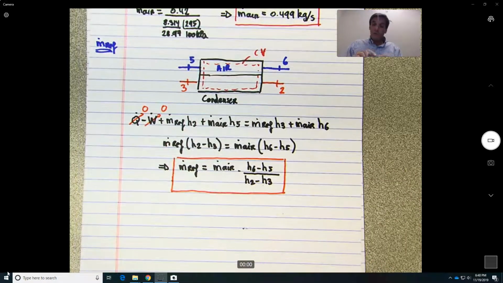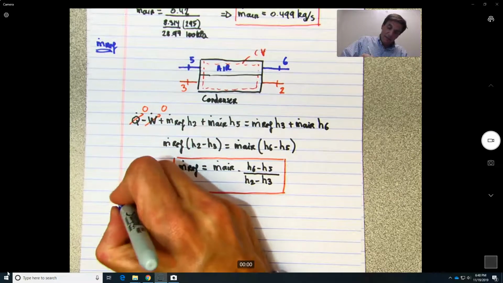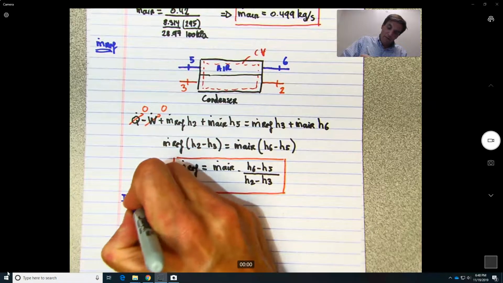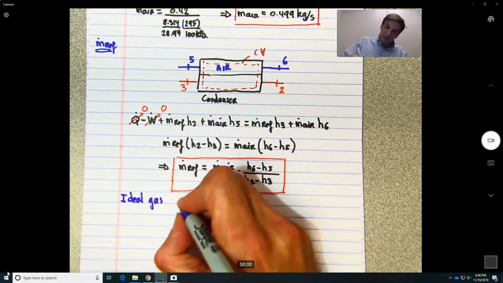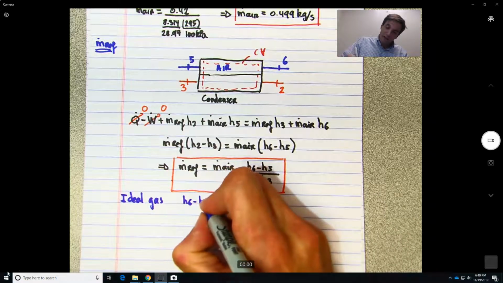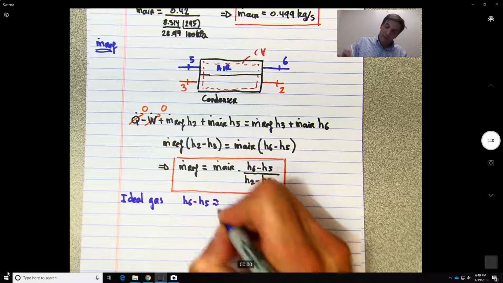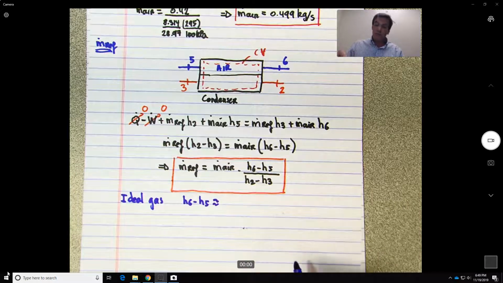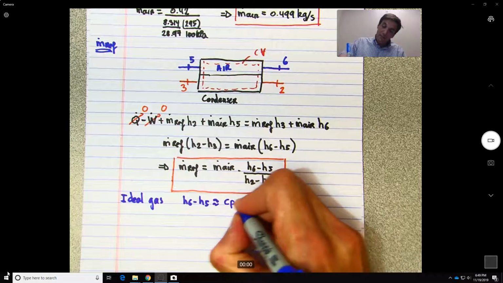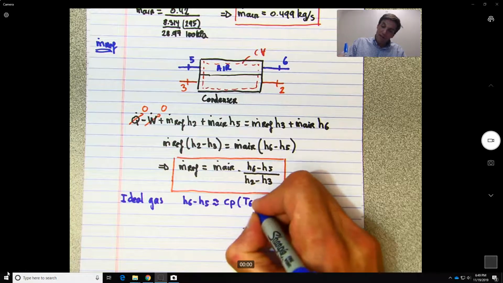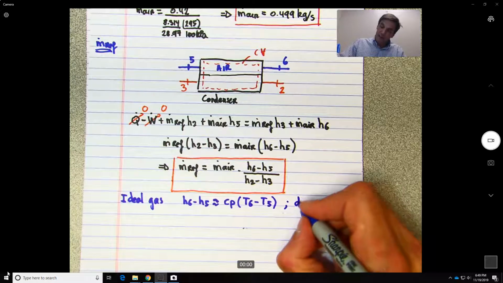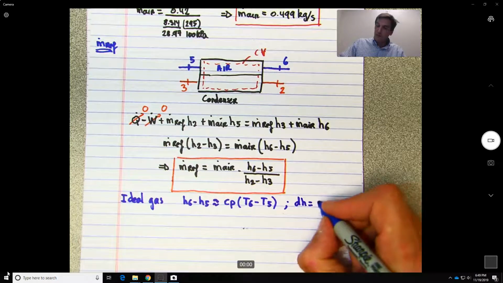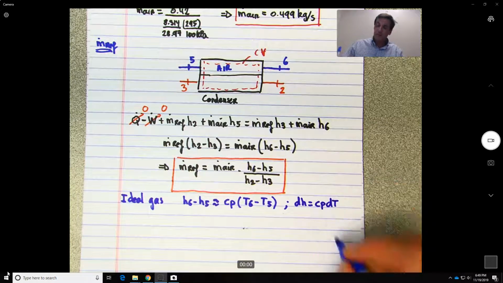So now remember that for an ideal gas, dH, so H6 minus H5, is more or less proportional to what? Cp times (T6 minus T5). This comes from the fact that dH equals Cp delta T. Okay?